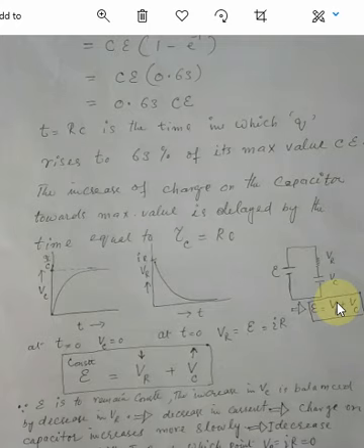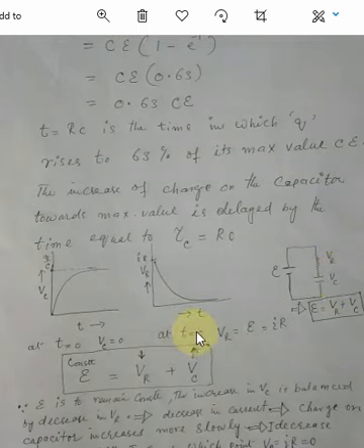Okay, now let's first consider the situation at t equal to 0. The moment this source is connected to this series combination, at t equal to 0, this capacitor is not charged. So VC, which is equal to Q over C. There is no charge on the capacitor, Q is 0, so Q over C is 0, which means that VC will be equal to 0 at time t equal to 0.